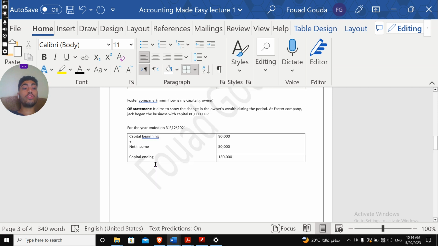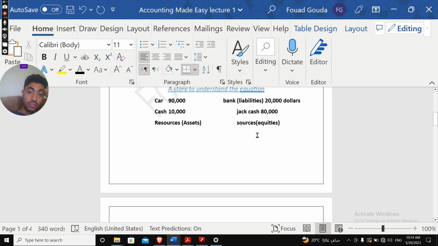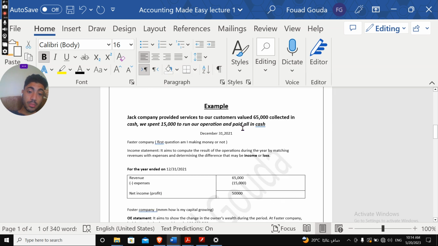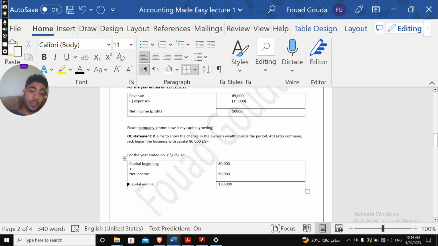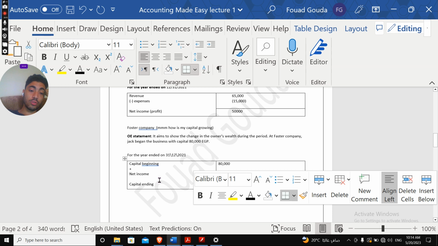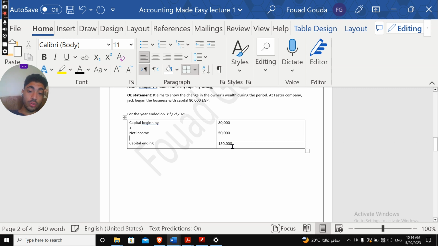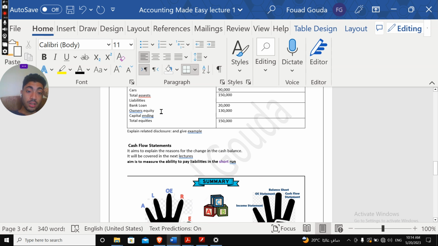Let's proceed with the story and check our new owner's equity. We had 80,000 at the beginning, the capital beginning, and we added the net income, so we have a capital ending. What was it? 130,000. So our new capital is no longer the 80,000, it's 130,000, and we proceed from this point. So owner's equity, capital ending, is 130,000.